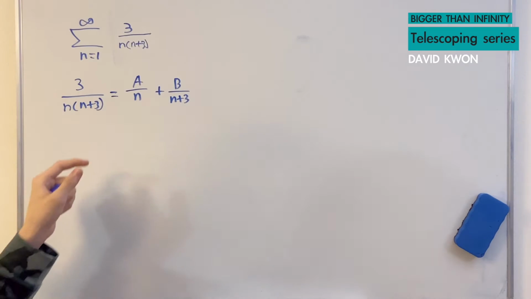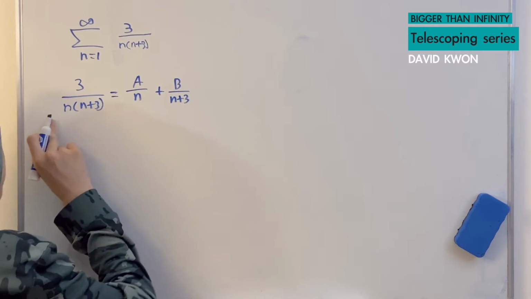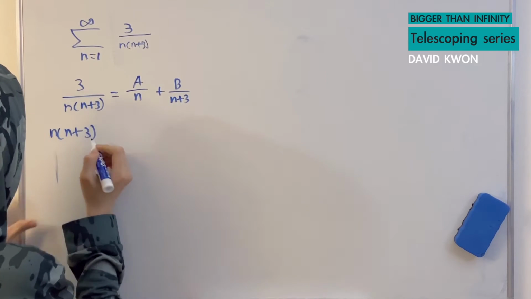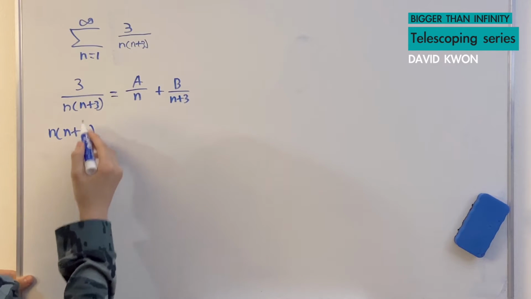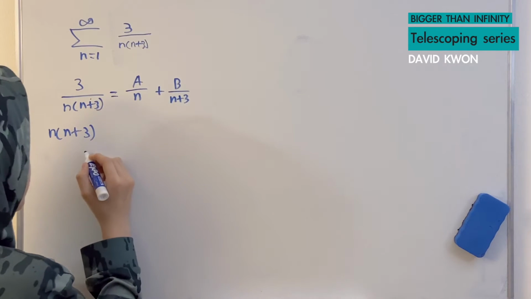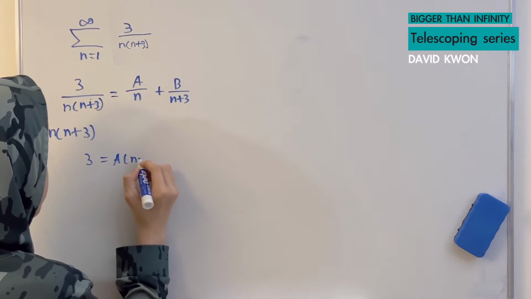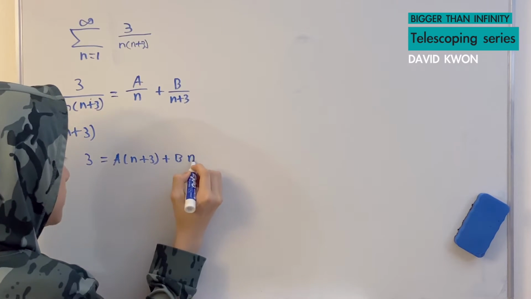So first, to find the value of a and b, I will multiply by n times n plus 3. When I multiply n plus 3 onto here, we get 3 is equal to a times n plus 3 plus b times n.